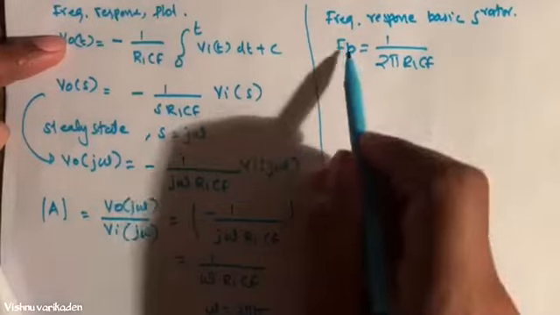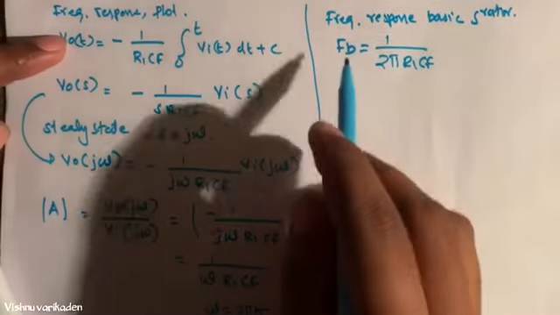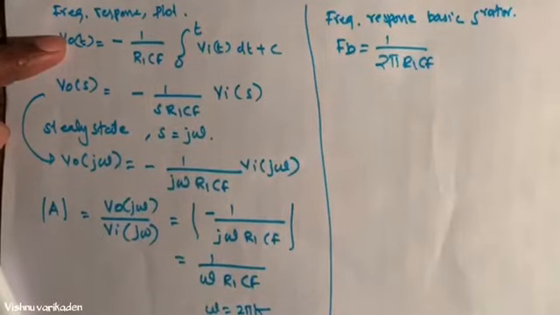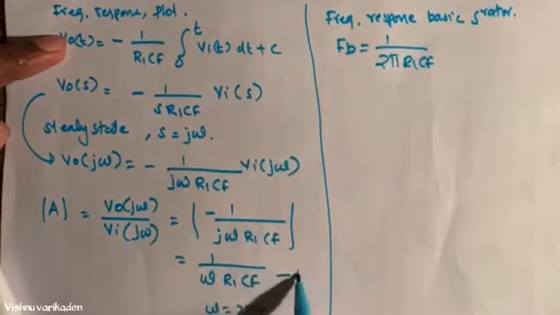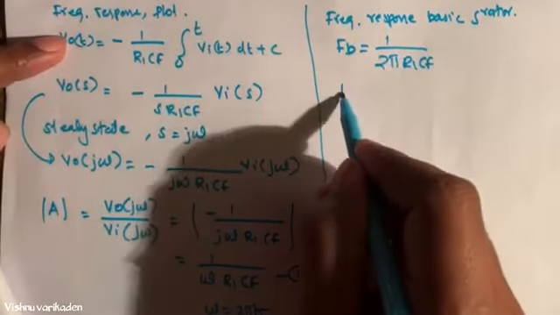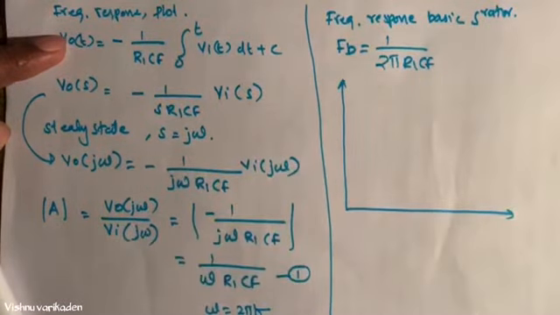This is the frequency of the basic integrator, denoted fb. Let us call this equation number 1. We can draw the frequency response like this.